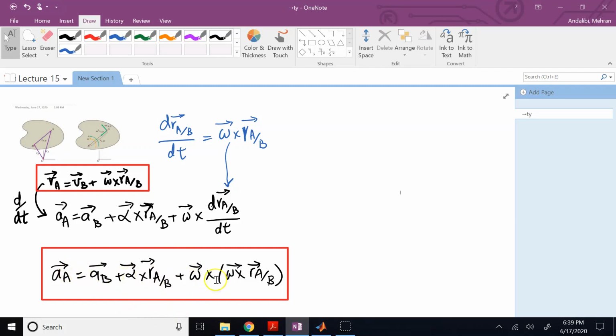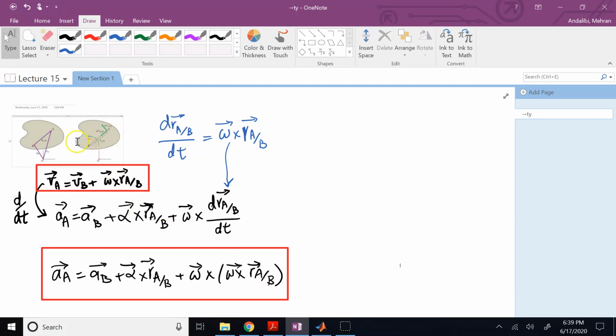When you want to do acceleration analysis, which means finding values of a or alpha, right? a and alpha are acceleration terms, whether linear or angular. Not only do you need to know this vector r of A with respect to B, you also need to know what? Omega.